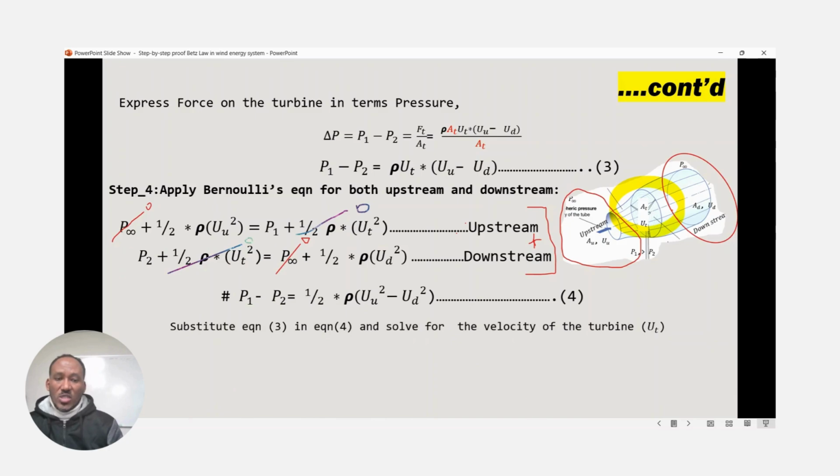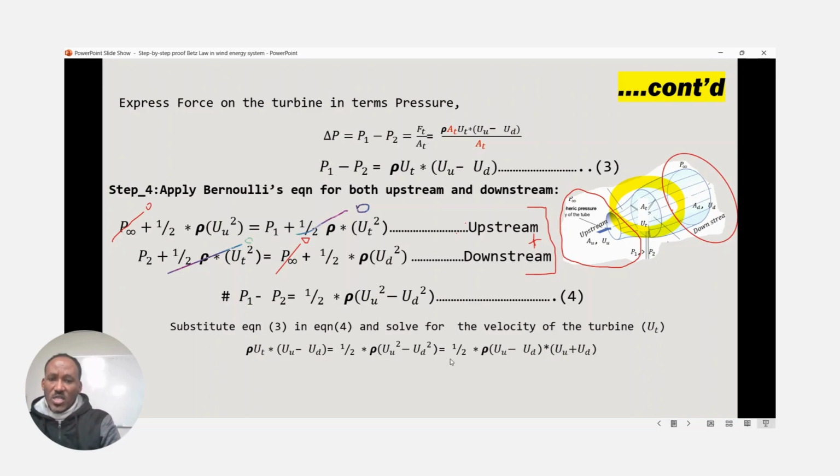Then substitute equation 3 in equation 4. That means we have P1 minus P2 here and again we have P1 minus P2 here. So substitute equation 3 in equation 4 and then solve for velocity of turbine. Here in equation 4, UU square minus UD square can be factored as UU minus UD times UU plus UD.